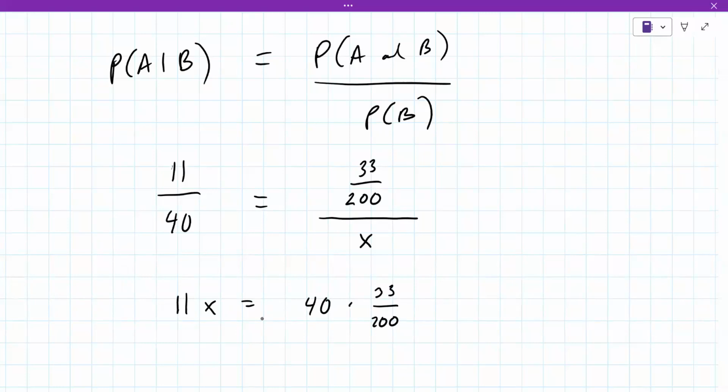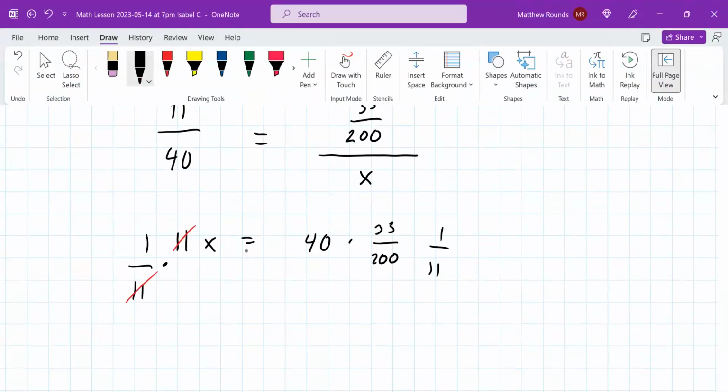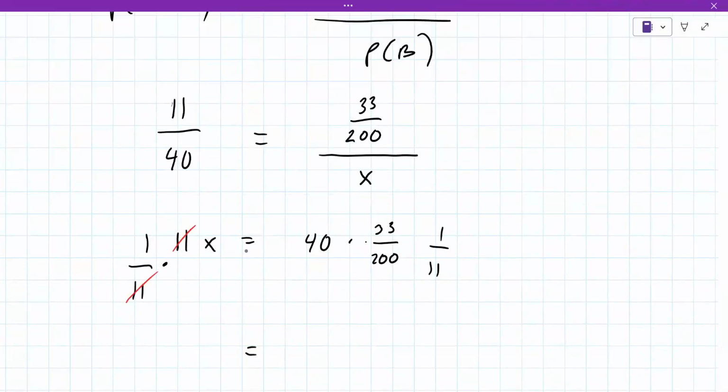Believe it or not, this does work out nice. You end up multiplying by 1 over 11, and you're going to see a bunch of cancellations here. So 33 over 11 is 3. 40 over 200 becomes 1 over 5, and it ends up just being 3/5.